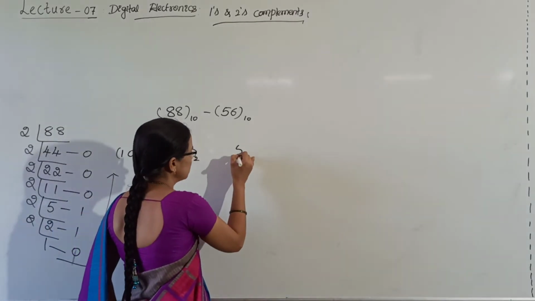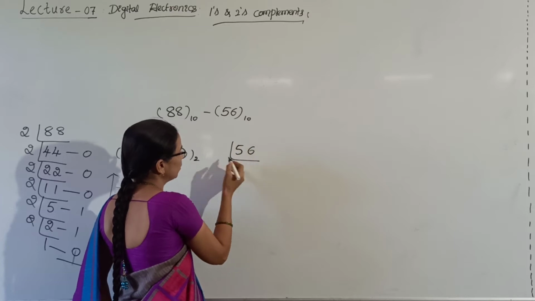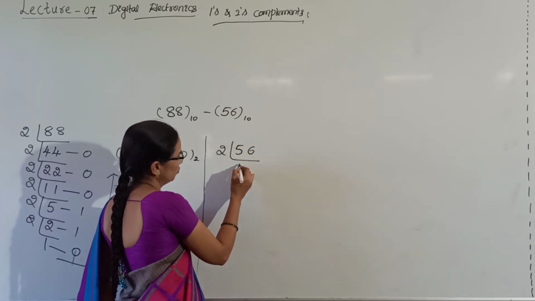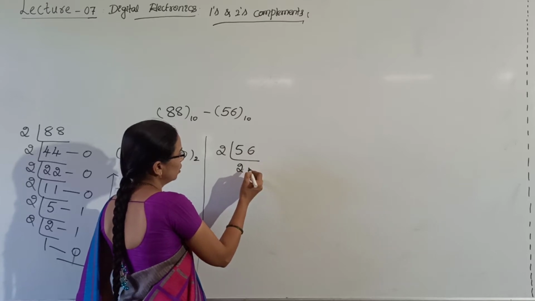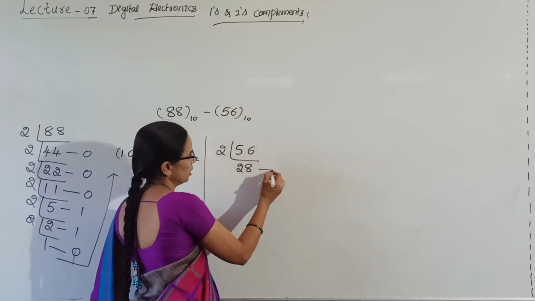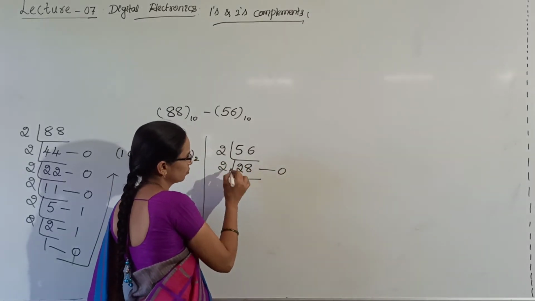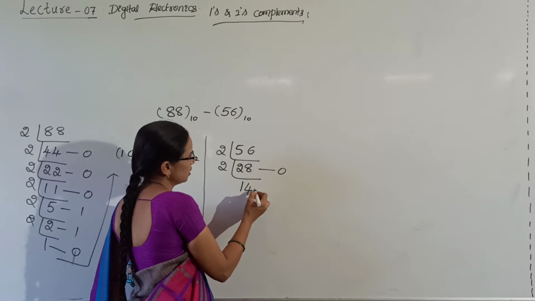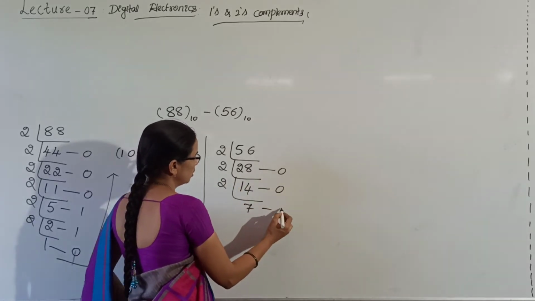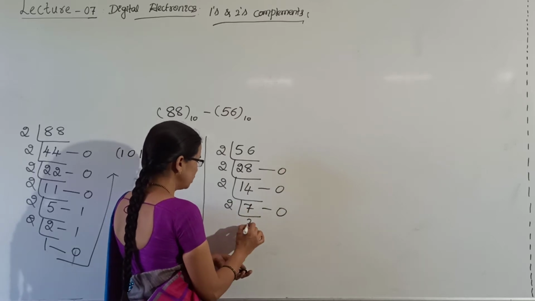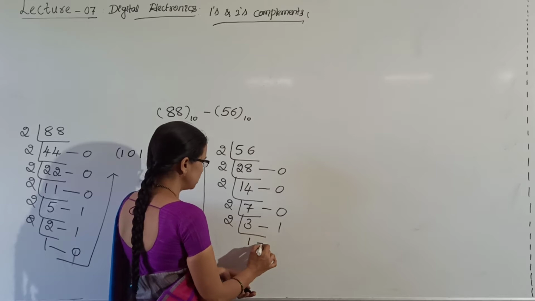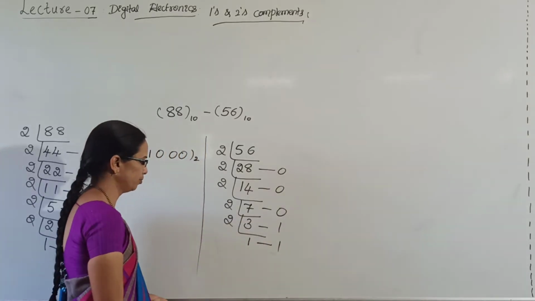Now this is the minuend, and the subtrahend we will convert into binary. 2 28s are 56, 0 is the remainder; 2 14s are 28, 0 is the remainder; 2 7s are 14, 0 is the remainder; 2 3s are 6, 1 is the remainder; and 2 1s are 2, 1 is the remainder.